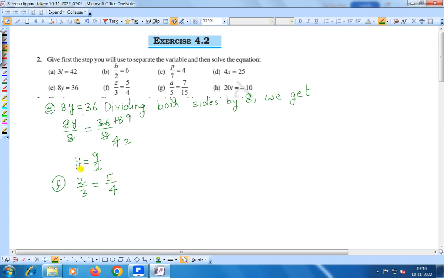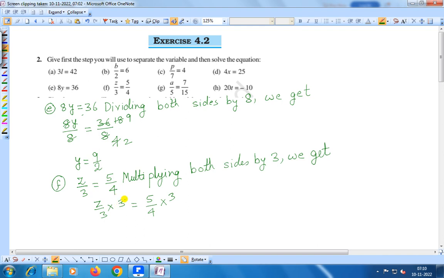Multiplying both sides by 3, we get z by 3 into 3 is equal to 5 by 4 into 3.